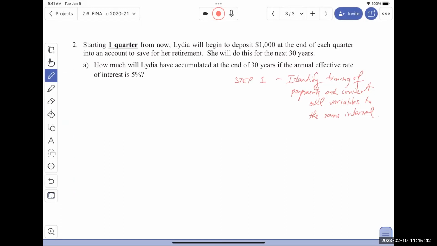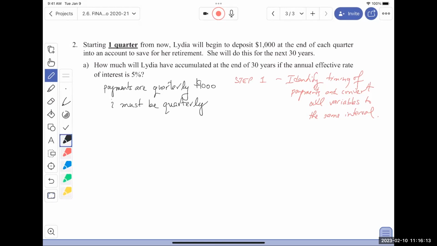We're going to start with, okay, so the payments are quarterly, of 1,000. So we need the rate to be quarterly. What is the rate though? Let's read. It's an annual effective rate of interest.